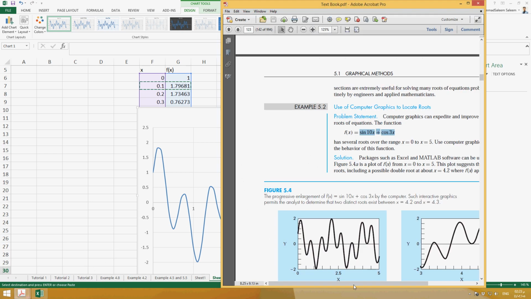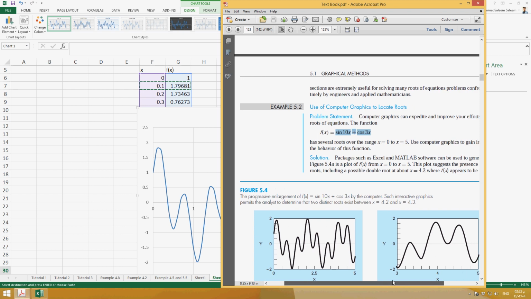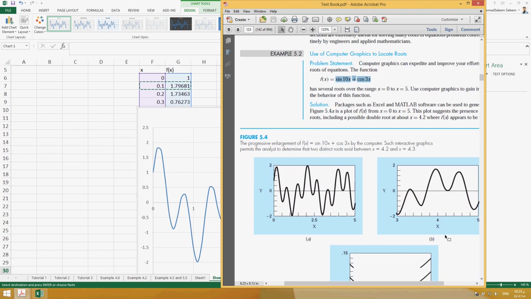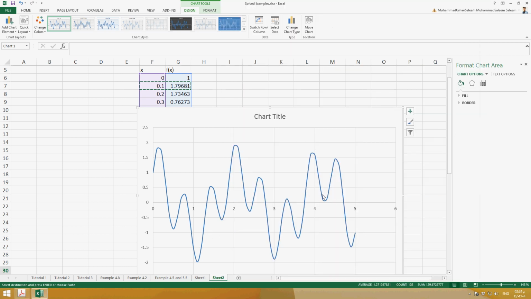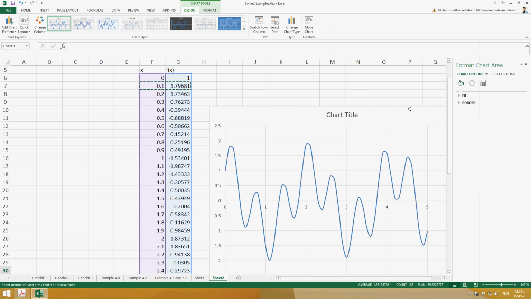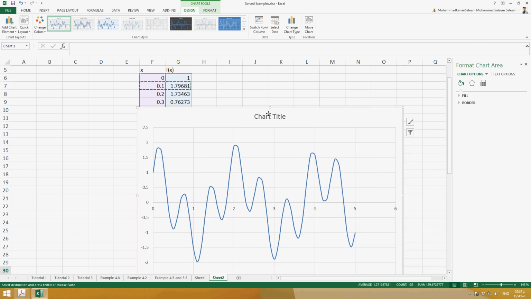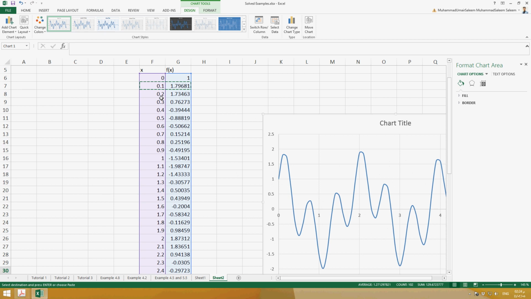In the book it seems that it is touching. For example, the author has zoomed in on this part, and when it is zoomed, you can see here it is touching, but in our example it's not touching. The reason why it's not touching is the interval, because maybe I have used a bigger interval and that point has been skipped.